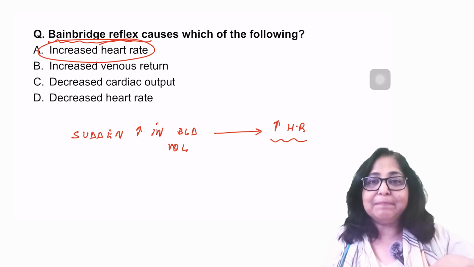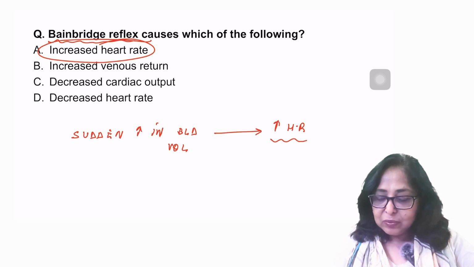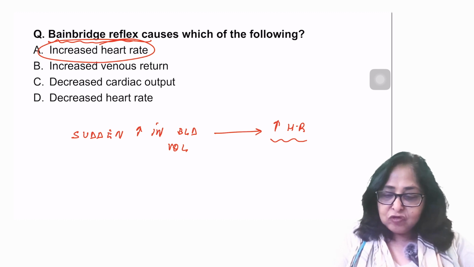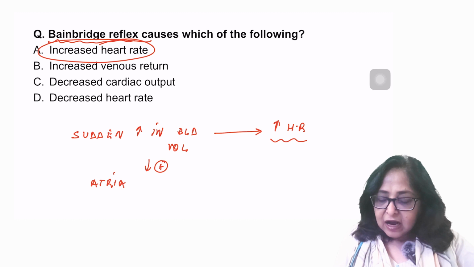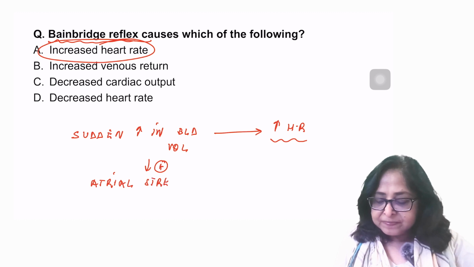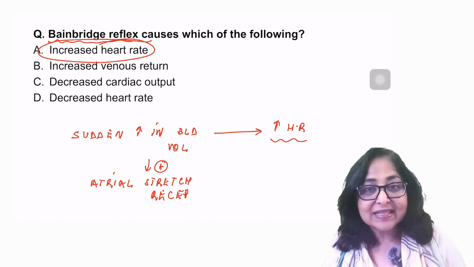Now, which are the receptors responsible for this reflex? Whenever there is an increase in blood volume, it will stimulate the atrial stretch receptors. What are these atrial stretch receptors? These are volume receptors. They are present in low pressure zones, such as the atria and the pulmonary vessels.